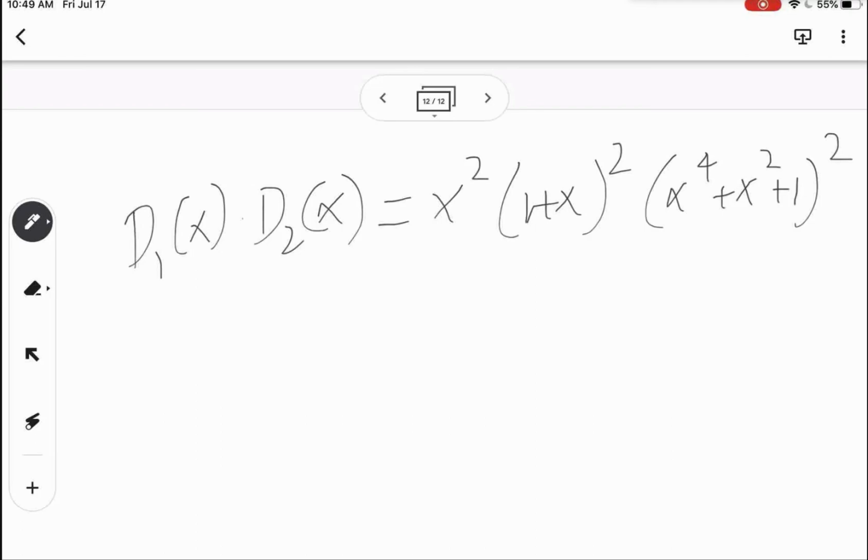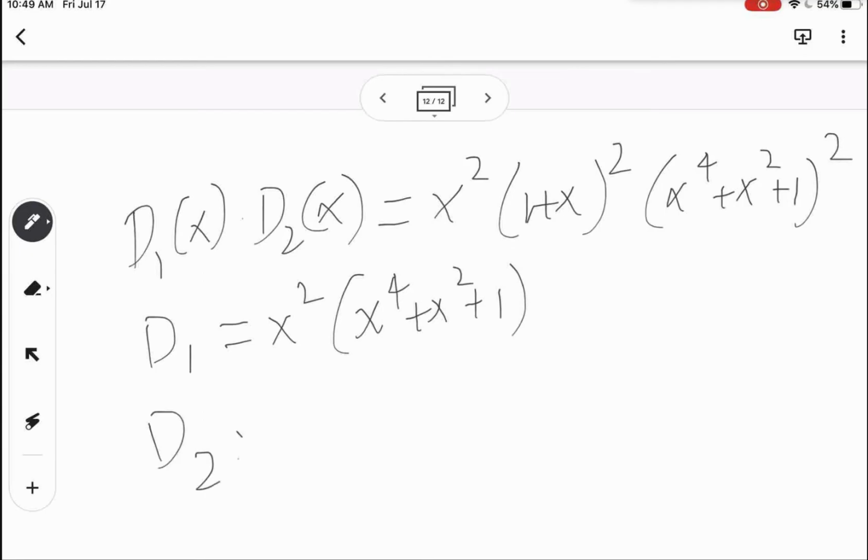So one way we could have d1 is x squared times x to the 4th plus x squared plus 1, and d2 to be, I believe, 1 plus x squared times x to the 4th plus x squared plus 1. Wait, this may not actually work.